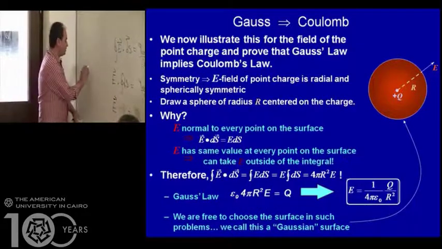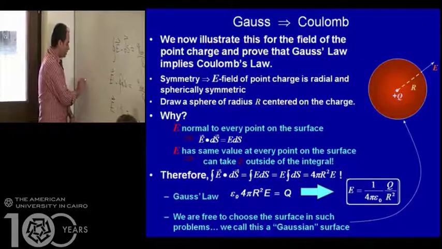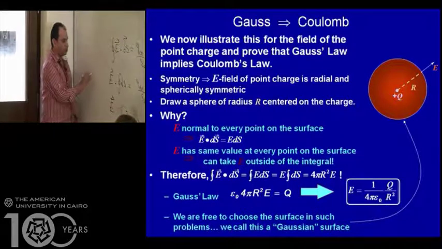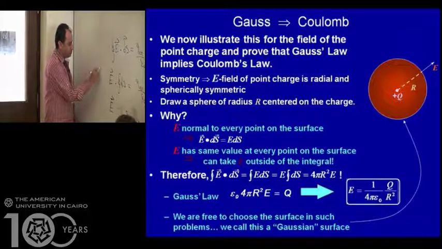So the electric field outside the sphere will equal 1 over 4 pi epsilon 0 times Q over r squared.